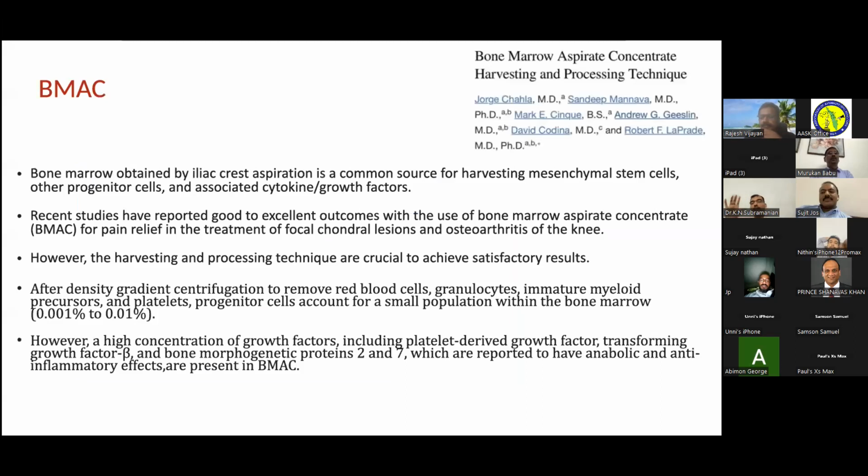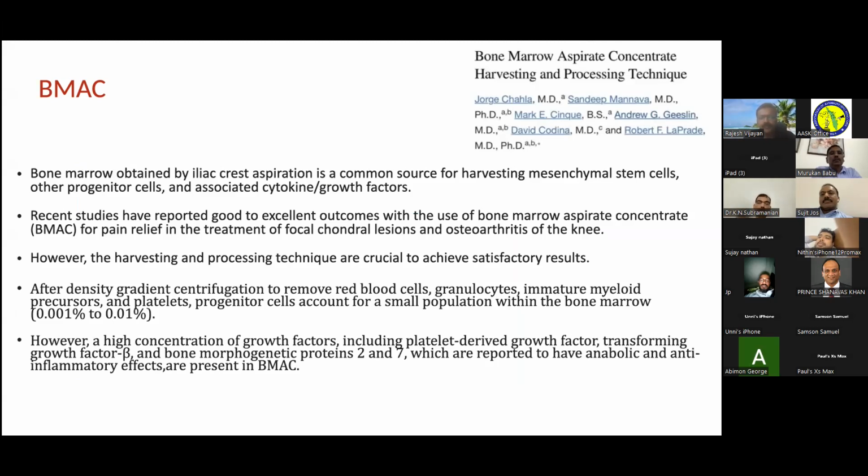Let's take BMAC, and then I'll go to ACI, and then I'll go for AutoCAR. BMAC is actually quite a simple procedure, because we take an aspirate from the bone marrow of the iliac crest bone. Sometimes we take up to about 60 ml of blood from the bone marrow. And the most important thing is taking the right cells. If the right cells are not there, then the chance of success in BMAC is not very good.